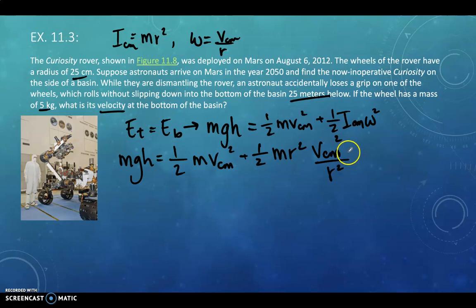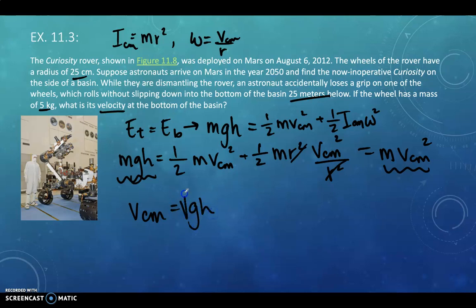So the r squareds cancel, and we can add these together and we get m v center mass squared, since 1/2 plus 1/2 equals 1. Now we have m v squared is equal to mgh. So our masses will cancel, and we get v center mass is equal to the square root of gh.